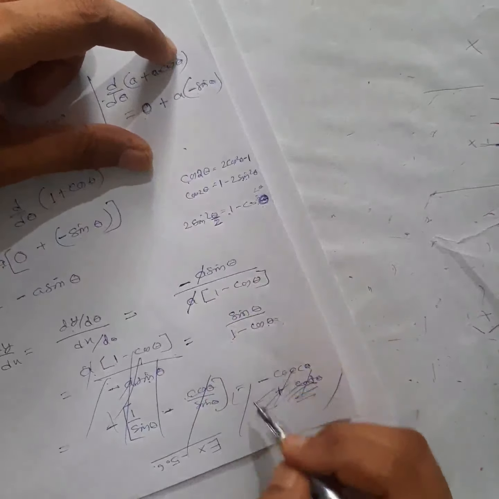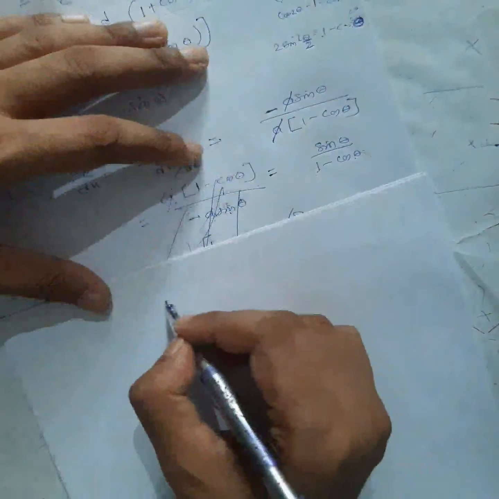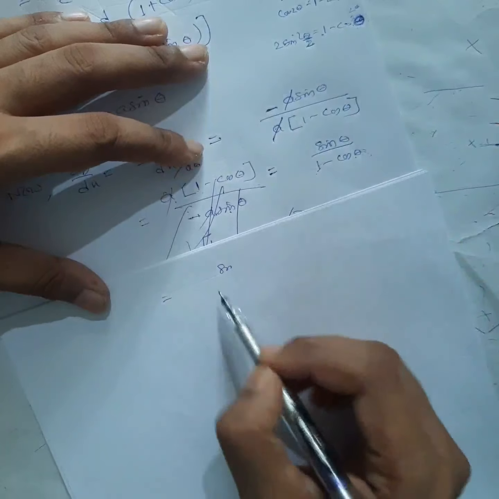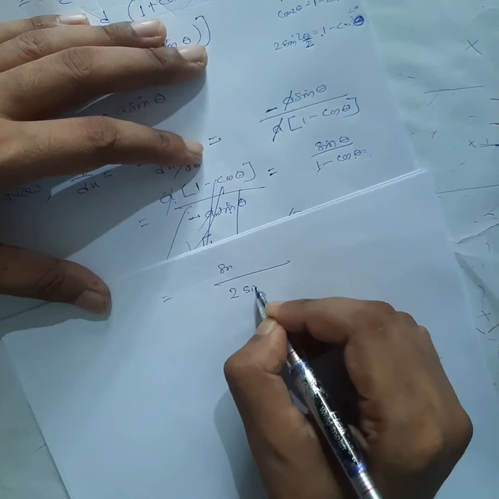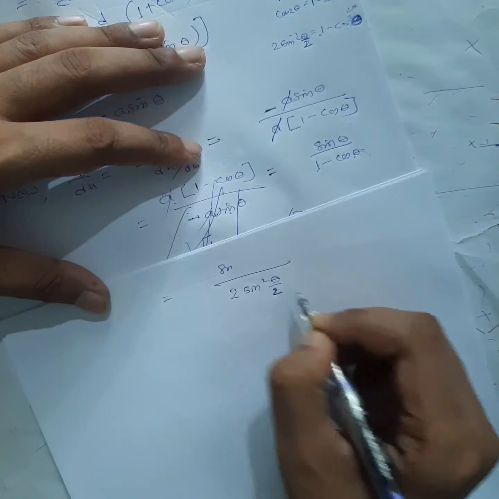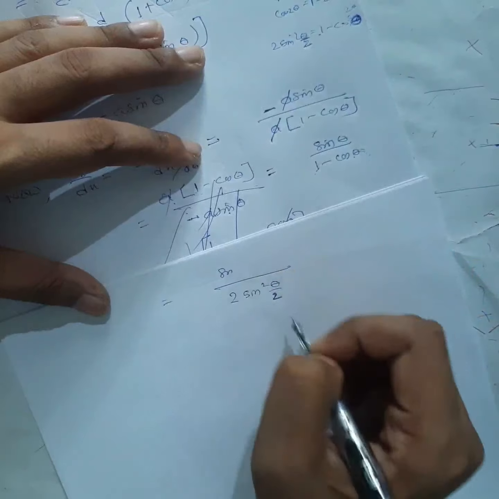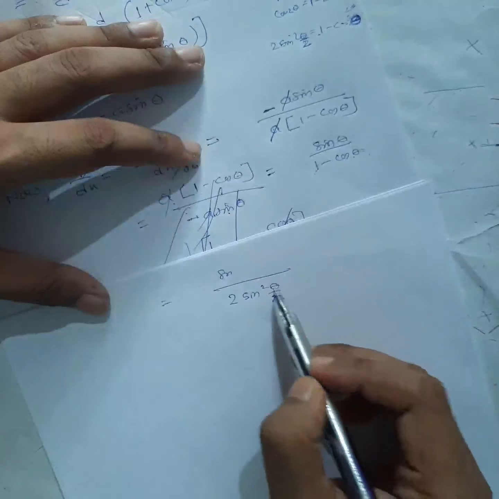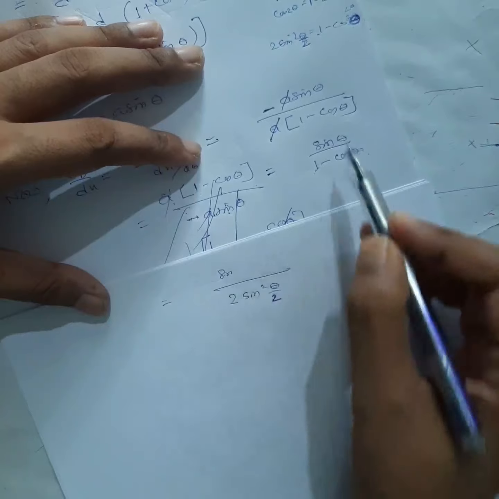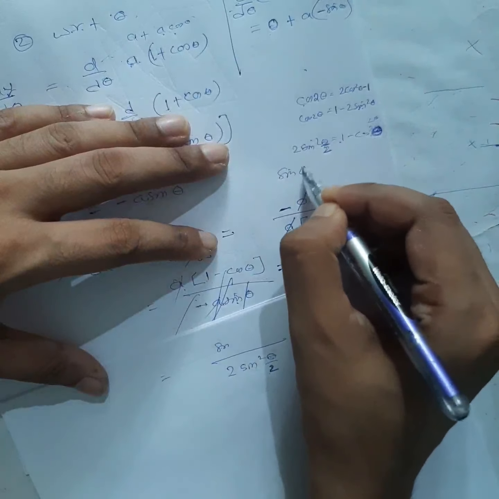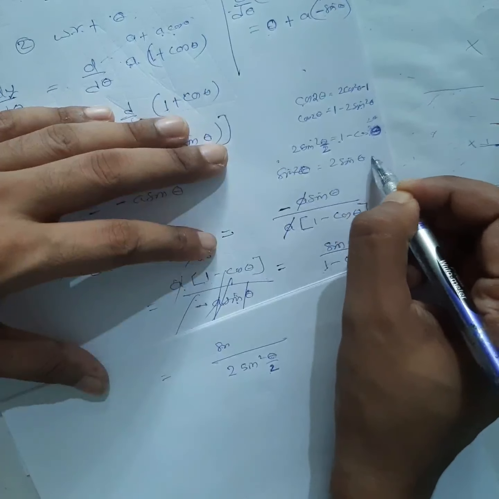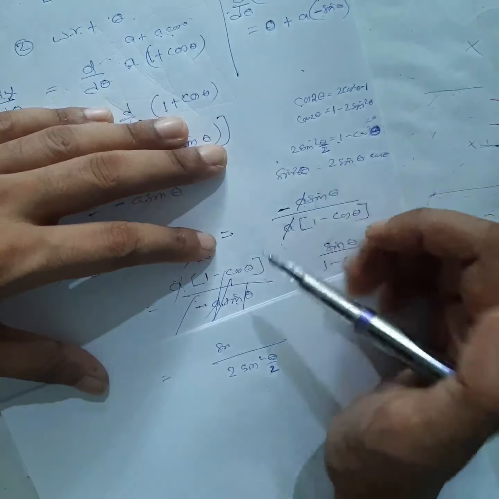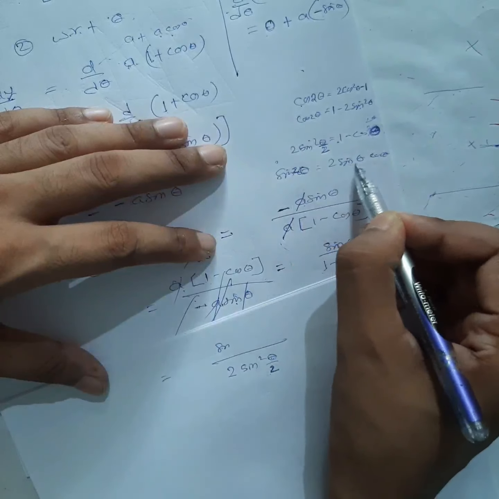So 1 minus cos theta, what can I write? Let me write down in another page. So in the denominator you will get 1 minus cos theta is 2 sin square theta by 2. Now why I am writing in this way, you will see. I can cancel this one. Now sin theta, if this is theta by 2, this also I can write sin theta. What formula will you use? Sin 2 theta was 2 sin theta into cos theta. So when this angle is 2 theta, this will be sin theta cos theta.